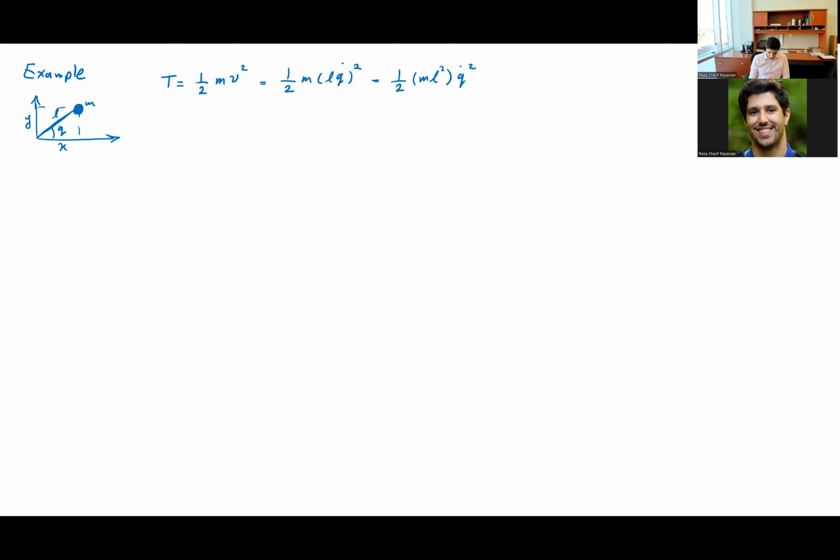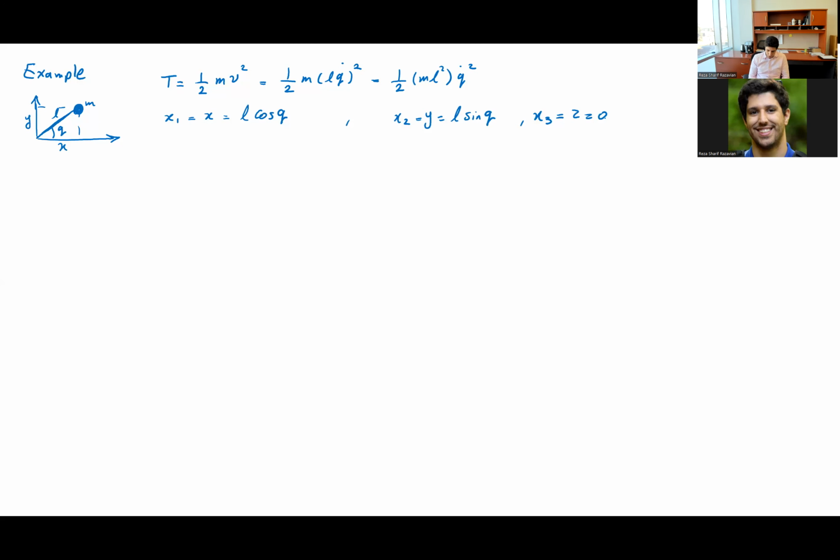I'm using the equations we have. Let's call x1 the x coordinate, which is L cosine of q, and x2, which is y, is L sine of q. And just for the sake of generalization, x3, which is my z, let's call it 0.